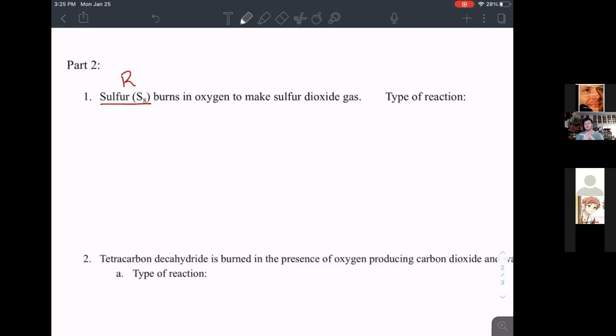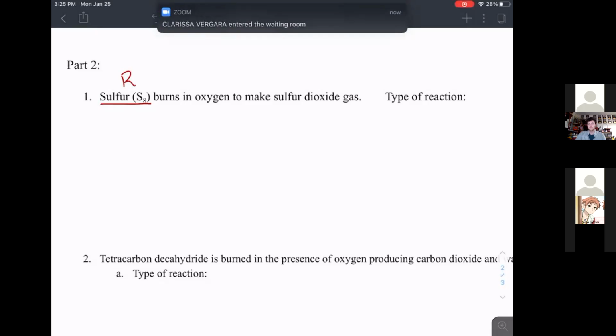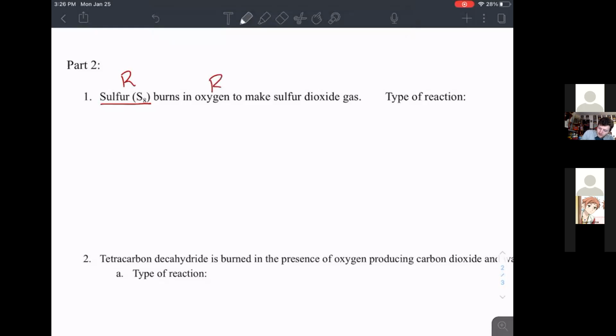Do we have any other reactants or do we have any other products? Oxygen is also a reactant. Perfect. Do we have any more reactants or do we have any products?